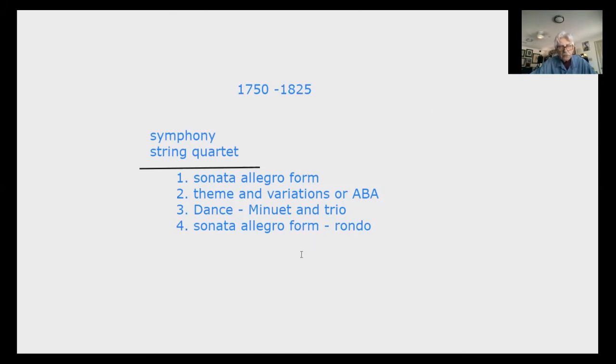Incidentally, we listened to the string quartet by Haydn, the fourth movement, and it was a rondo. And we listened to the second movement of one of Haydn's London symphonies, and it was a theme and variations. So let's go to the PowerPoint here.